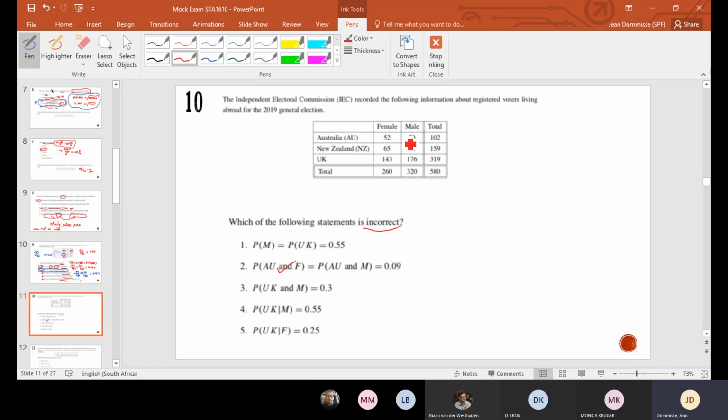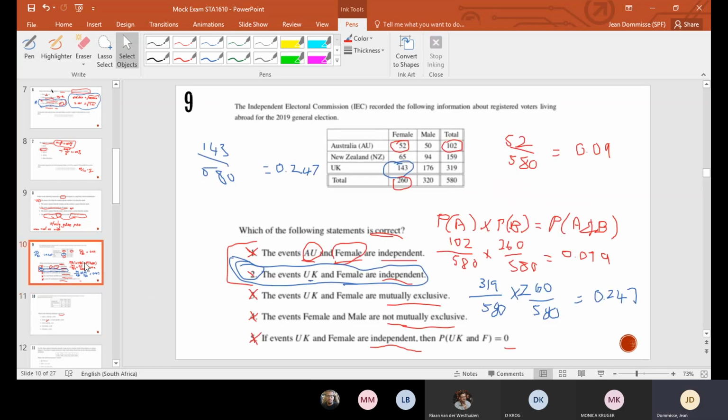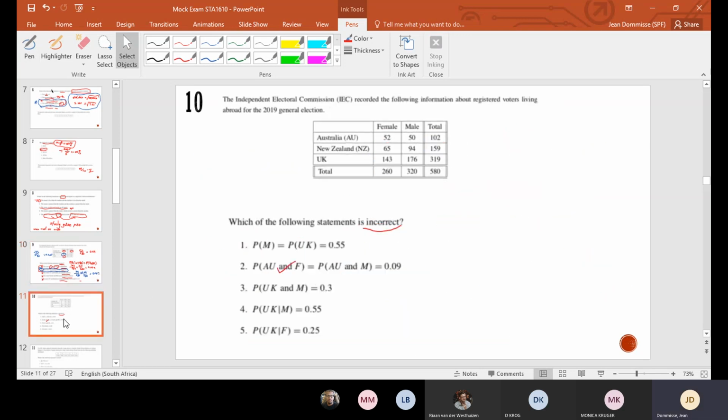Okay, so let's quickly check AU and female. That is interesting. Would that actually be the same, but it is rounding off? Sure.